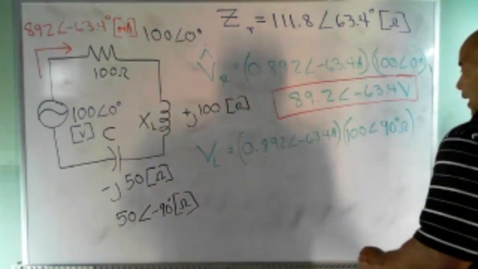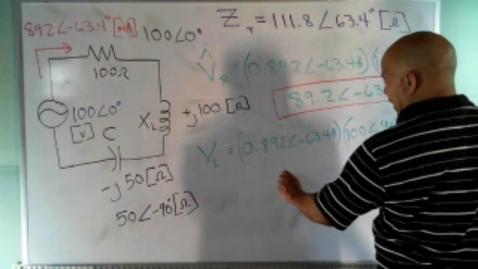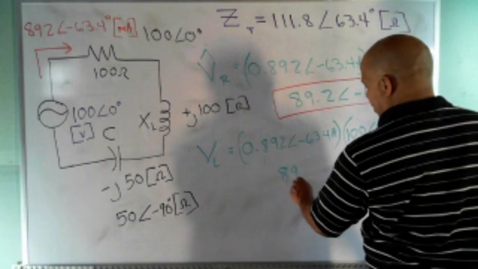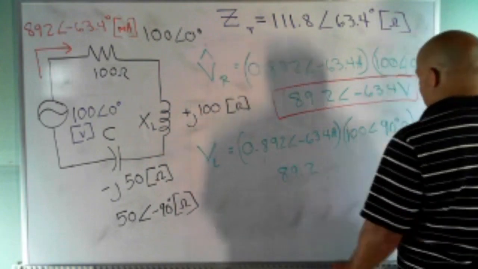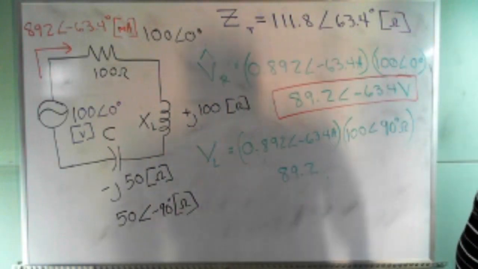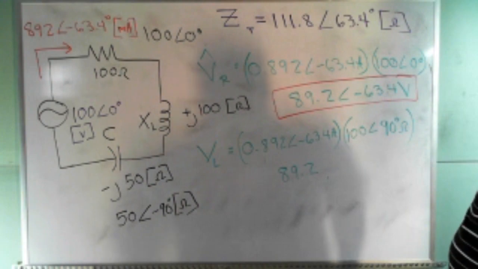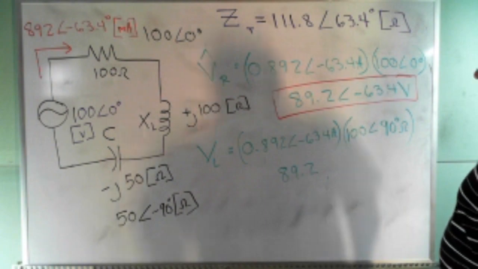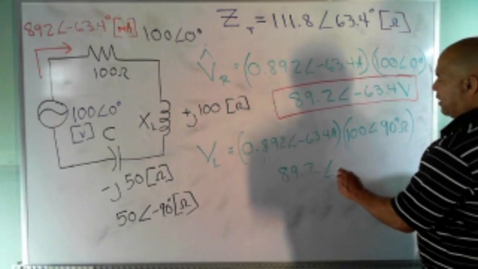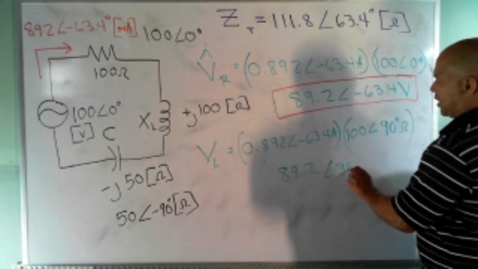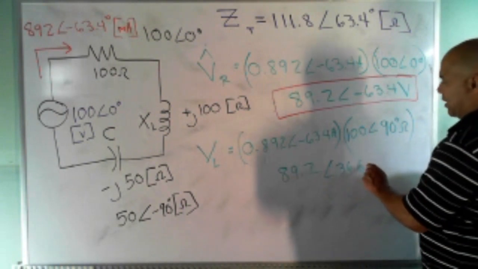So if I multiply that, again, I'll get 89.2. And that'll be what? What is it? 40, 37, 30, is it 36, angle 36.6 or something? Is that right?